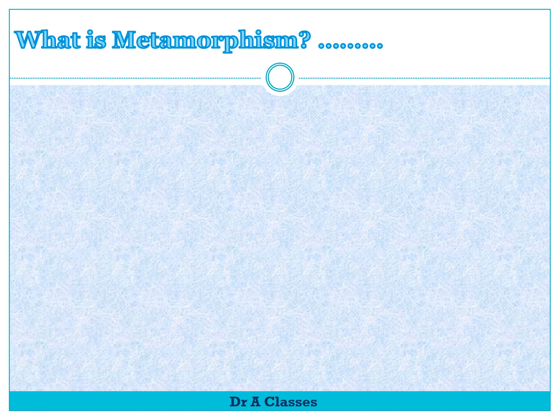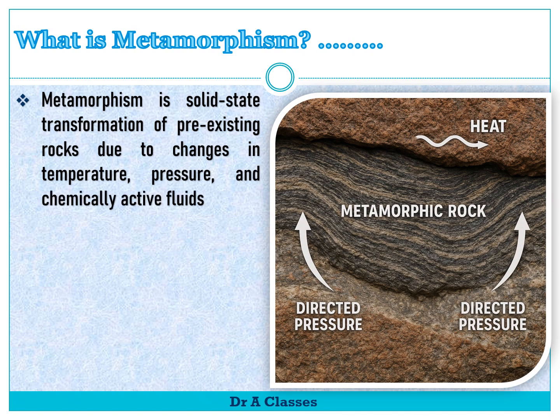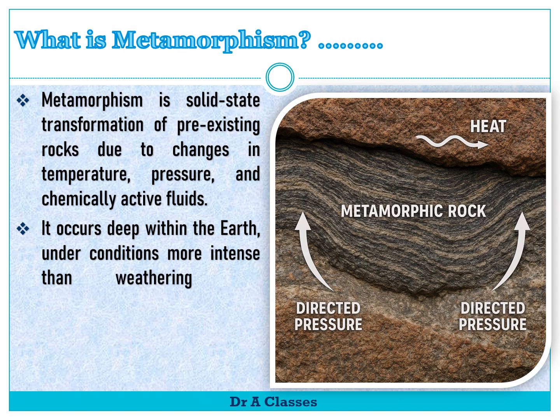What is metamorphism? Metamorphism is the solid state transformation of pre-existing rocks due to changes in temperature, pressure, and chemical environment without melting. Unlike surface processes like weathering and diagenesis, metamorphism takes place deep within the earth, where rocks are subjected to elevated temperature, pressure, and chemically active fluids. These conditions cause significant changes in the mineral composition, texture, and internal structure of rock without melting it.